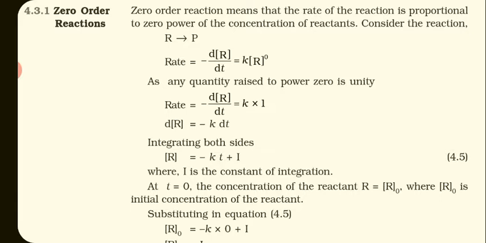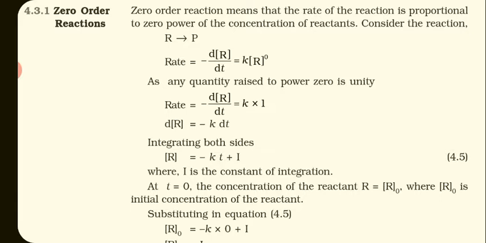Now integrating both sides, the integration and differentiation will cancel out, so we get the molar concentration of reactant R is equal to minus kt plus I, where I is the integration constant. When at time t equal to 0, the concentration of the reactant R is maximum, which is called R0, where R0 is the initial concentration of the reactant.